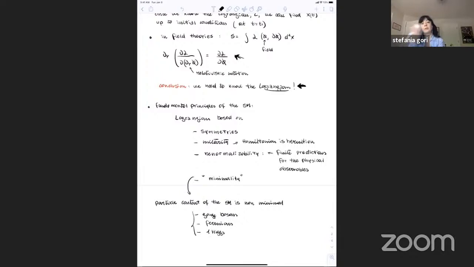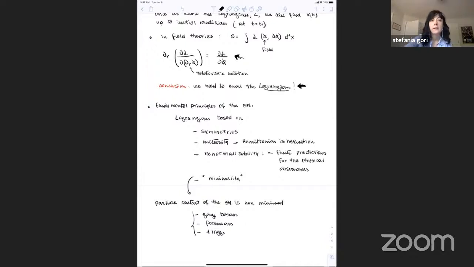But then you might wonder, okay, what do we mean with minimality? We mean that we don't add particles that we have not at least observed, right? But still, there is in mind this idea of having a Lagrangian that describes a system that is as minimal as possible. Okay.